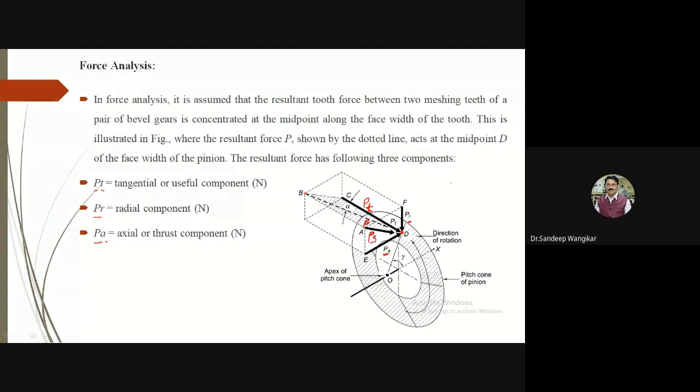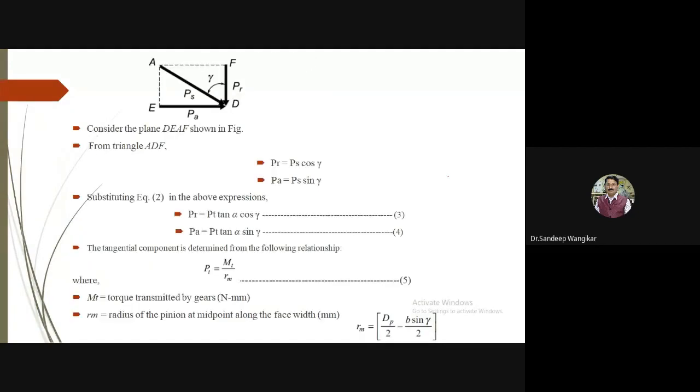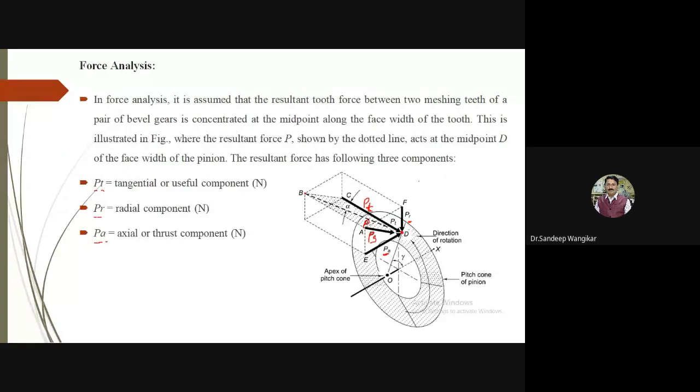Now in the next two diagrams, we will be considering A, B, C, D. This is one plane which is shown, and again we can consider the plane A, F, D, E. From this we can get the relation between PT and PS, and then finally find PR and PA by using the PS relation.